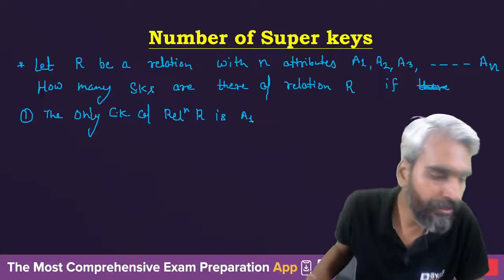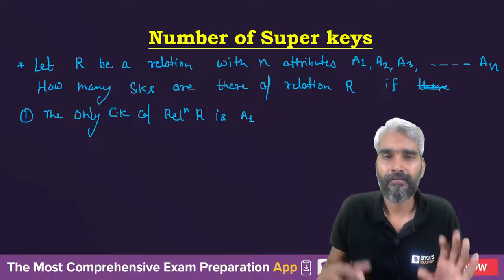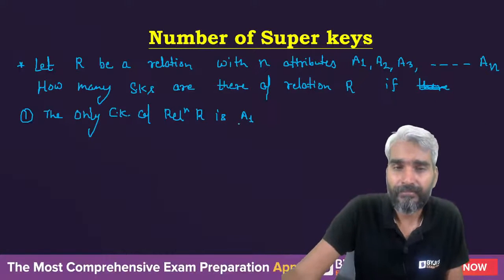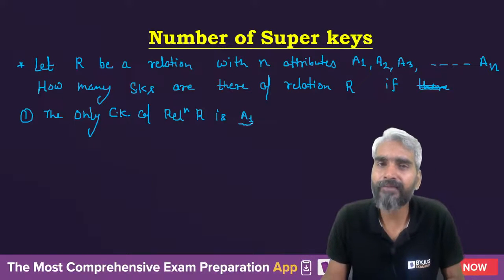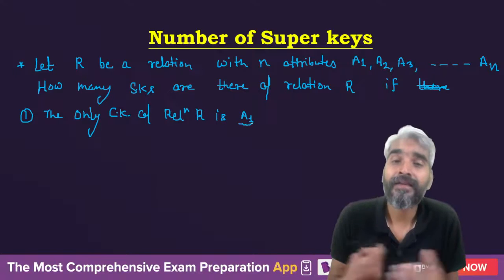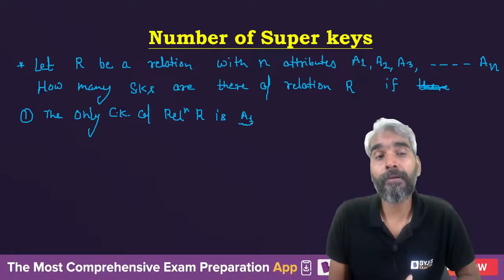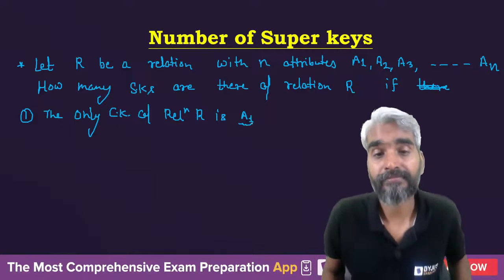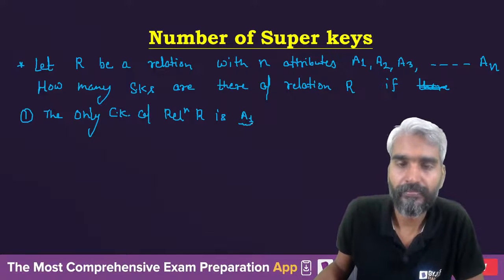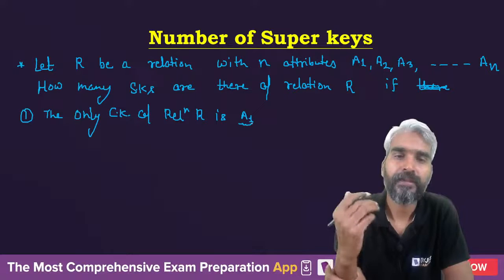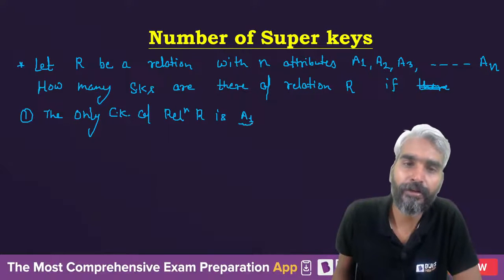If there is only one candidate key and it is composed of a single attribute A1, then how many super keys will be possible for relation R?